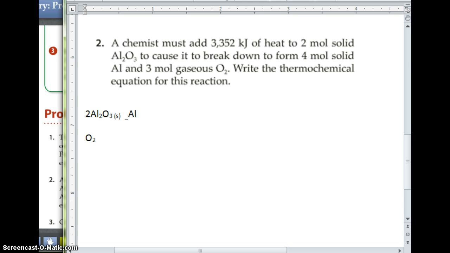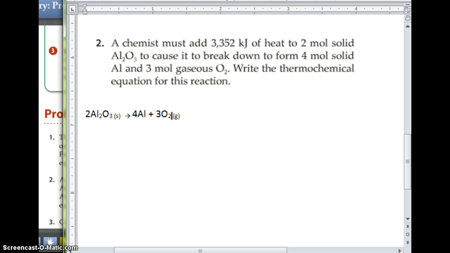It breaks down, that's my yield, into aluminum. How much aluminum? 4 moles of aluminum plus 3 moles of gaseous oxygen.